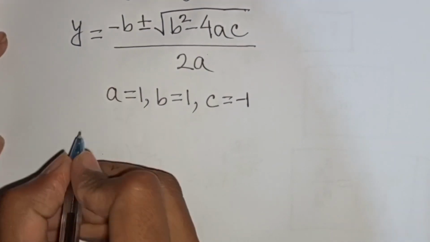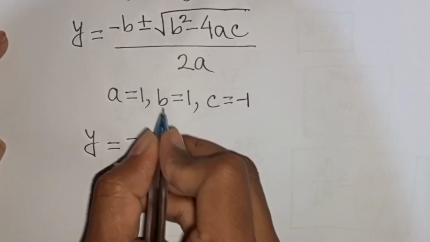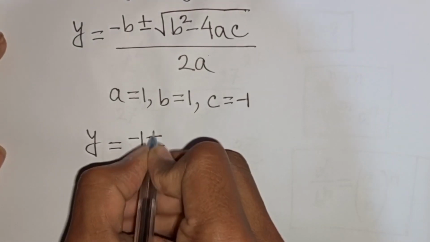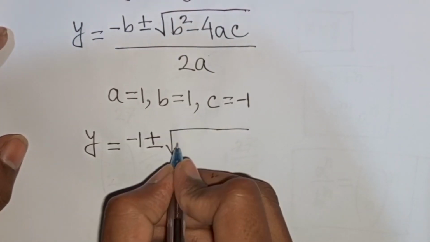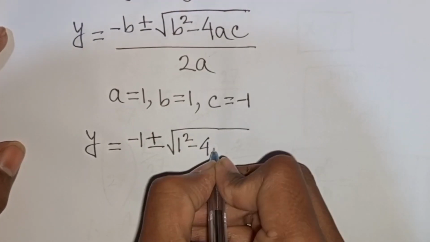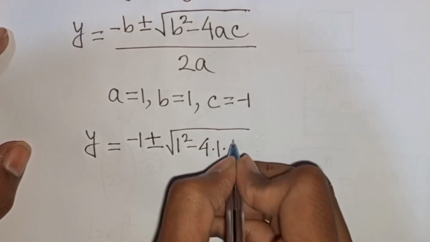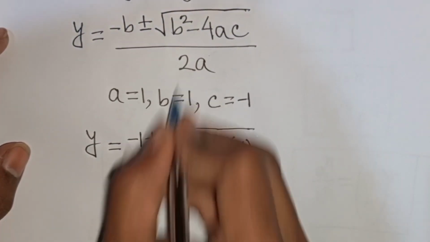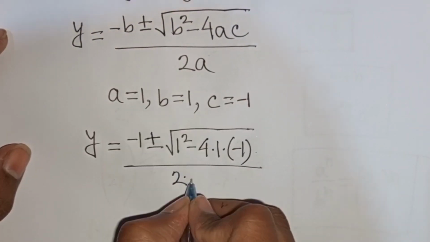Now we can write y will be equal to minus b, that means 1, then plus or minus a square root of b square, that means 1 square, minus 4 times a, that means 1, times c, that means negative 1, divided by 2 times a, that means 1.